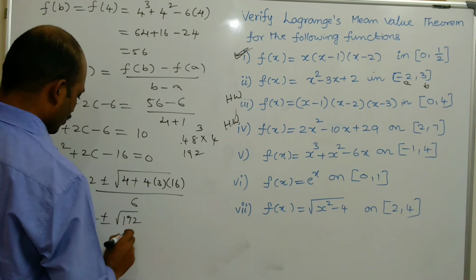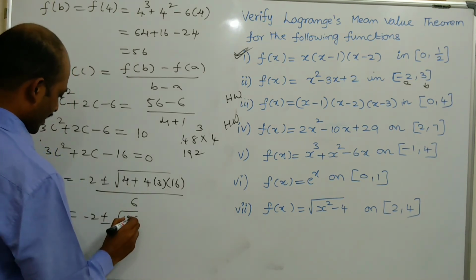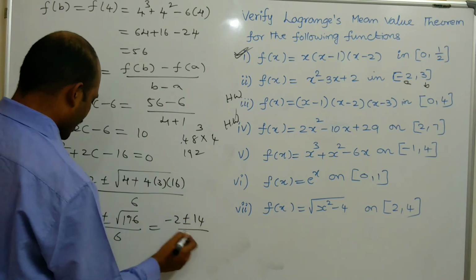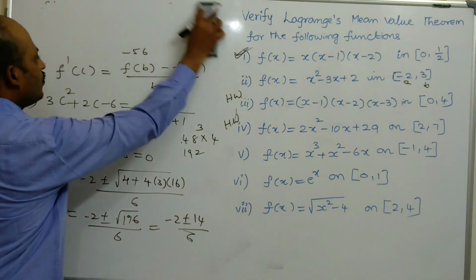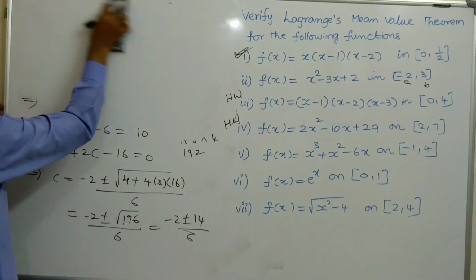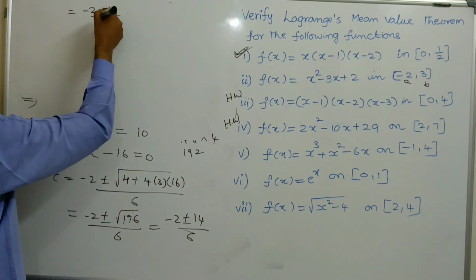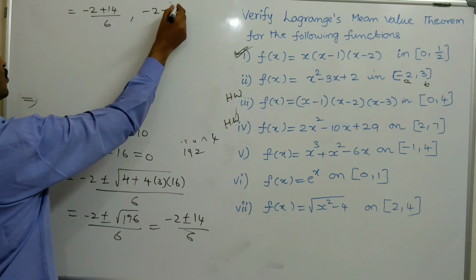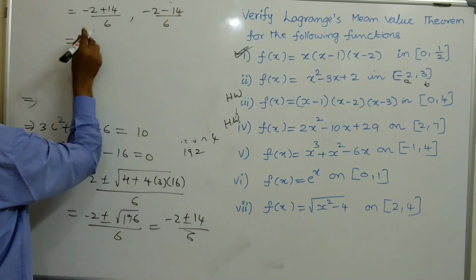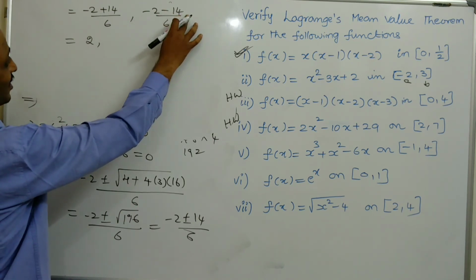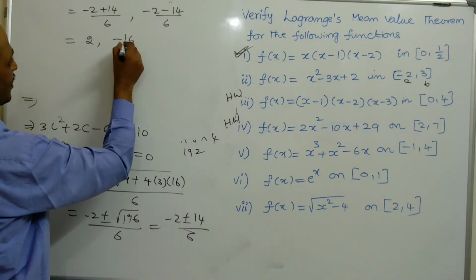Root 196 is 14. So minus 2 plus or minus 14 by 6. You get two values for c: minus 2 plus 14 by 6 and minus 2 minus 14 by 6. You observe that 12 by 6 you get 2, and minus 16 by 6.